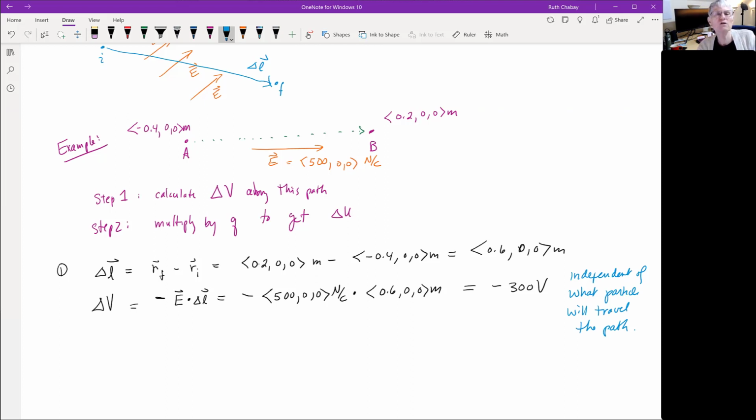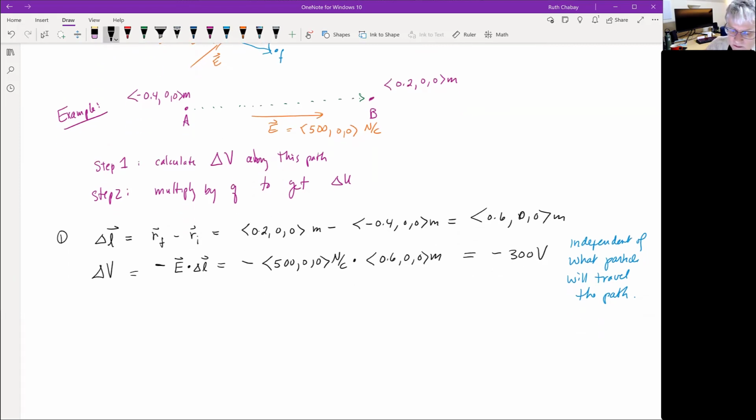Just as the electric field has a direction where it doesn't matter what's going to come along to be affected, a difference in electric potential only depends on the field and the path, and it's independent of whatever particle we might have travel the path. And that's why it's useful. So we got that number.